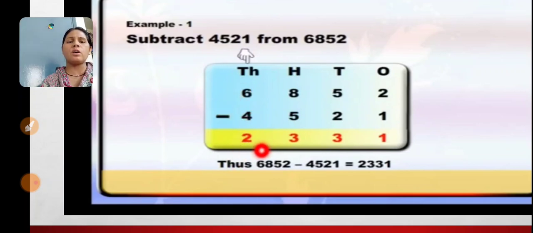Thus 6852 minus 4521 is equal to 2331, and the answer which we get after subtracting both these two numbers is called the difference.